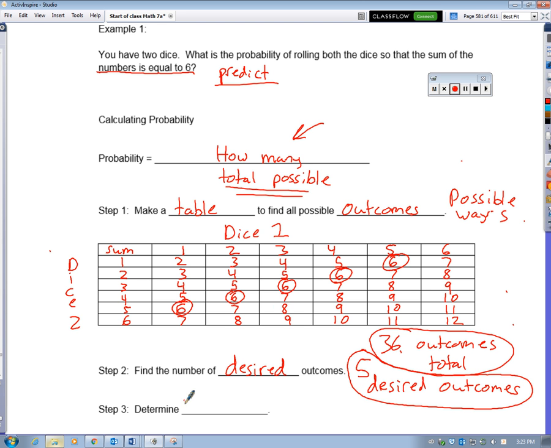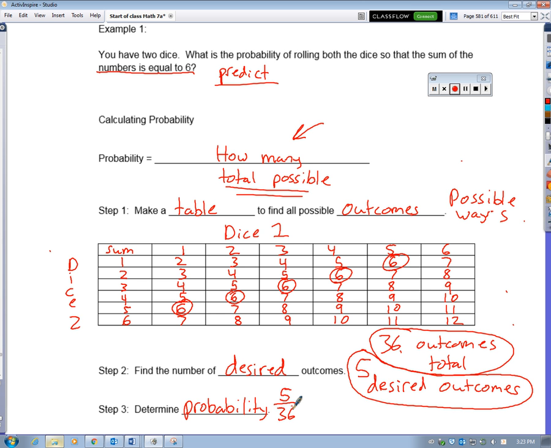So now, step number 3, we're going to determine probability. Okay, so what does this tell us about our chances of rolling a sum of 6? Well, if we make that into a fraction, we would have a 5 out of 36 chance of rolling a 6.